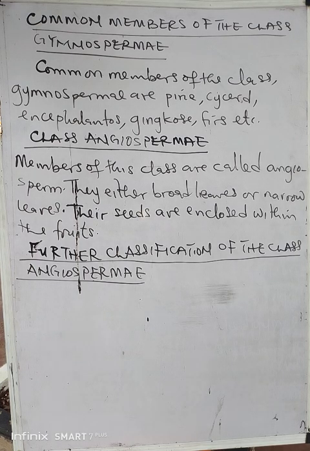This class Angiospermae is further subdivided into two orders, which are order Monocotyledonae and order Dicotyledonae.